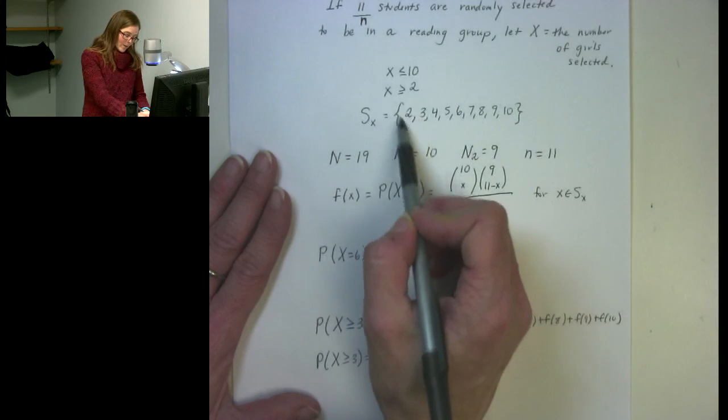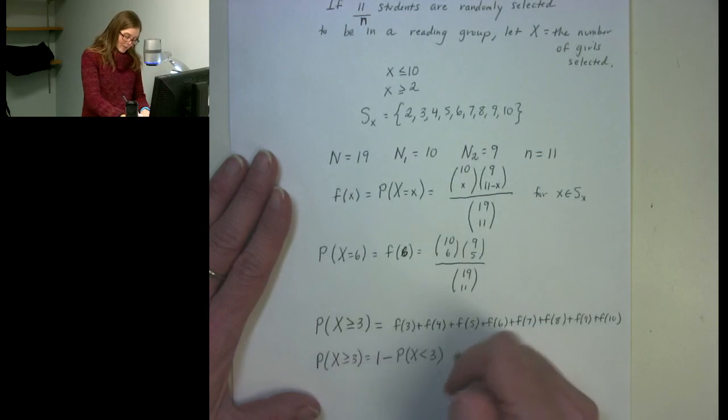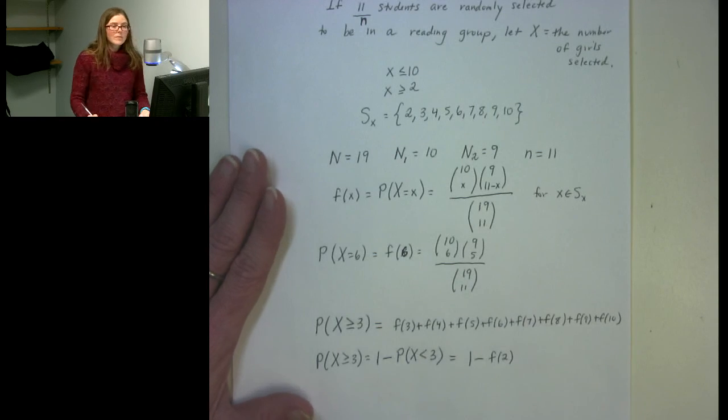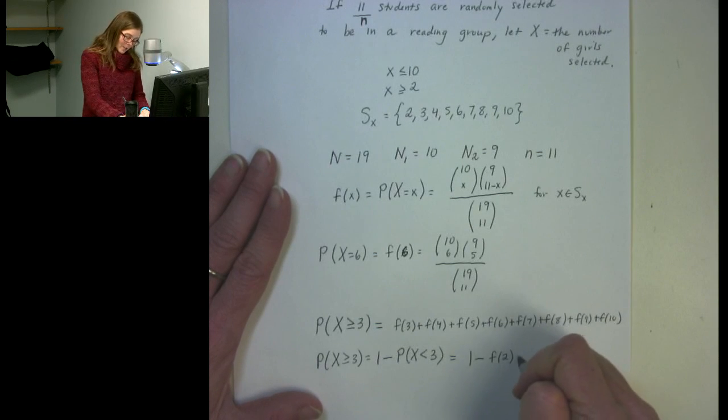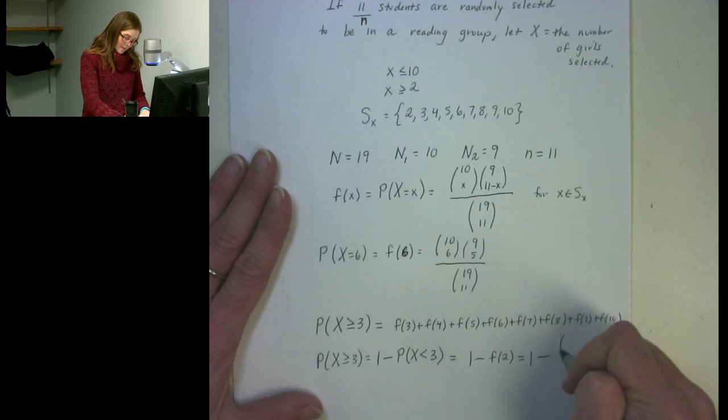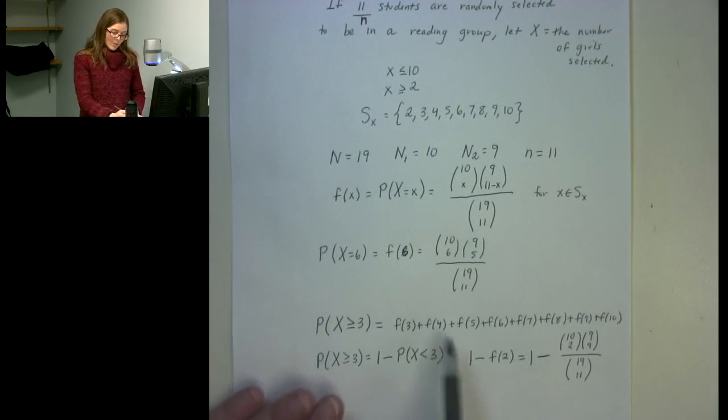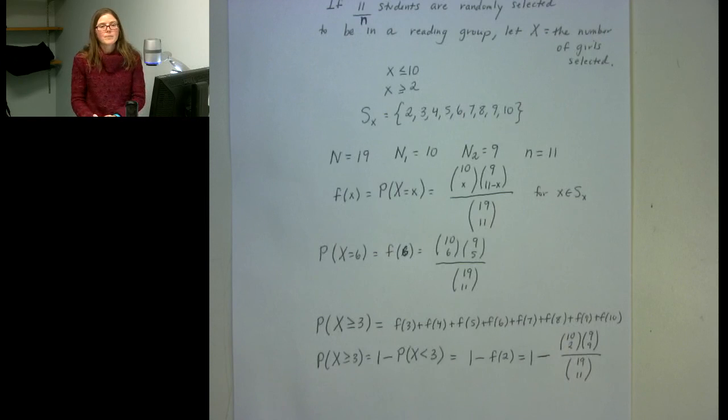The only value of x that's less than 3 is 2, so that would be 1 minus f of 2. And that would be a much easier way to do the calculation than doing substitution for all of these different values.